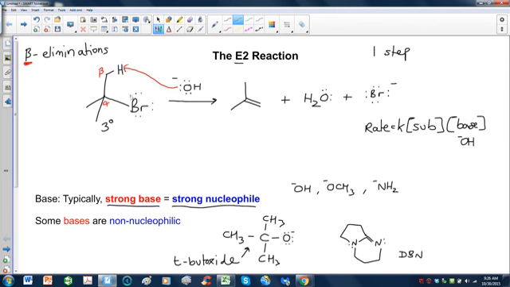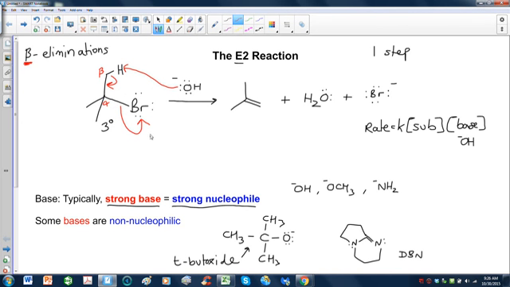That's why it's called a beta elimination. So when that oxygen forms a bond with that hydrogen, this bond then has to break, and that bond sends its electrons down to the carbon, the bond between the alpha and beta carbons, forming a double bond, and in the process kicks out the leaving group.